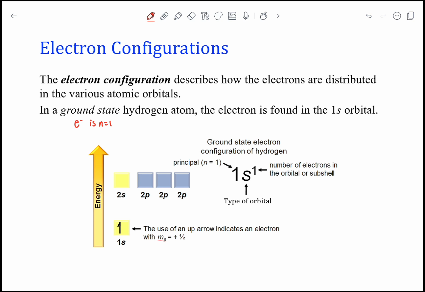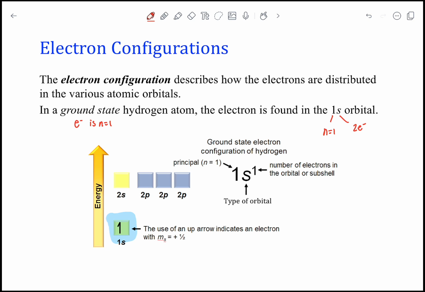So it has one proton, one electron. And with electron configurations, we only care about the electrons. So the electron is found in the 1s orbital, 1 meaning n equals 1, and s meaning we can fit 2 electrons maximum. But since I only have one electron, we can show it looking like this.